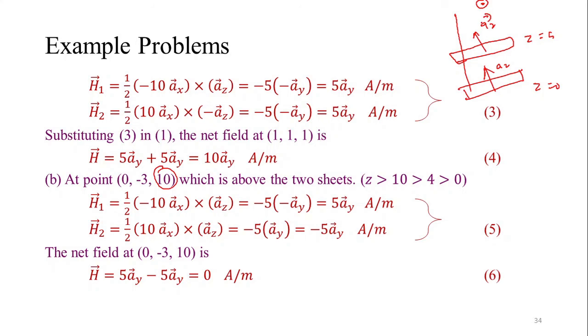Both are in the positive direction, so just substitute those values. Minus 5 into minus 5, minus a_y, gives 5 a_y, and here you will have minus 5 a_y, so they cancel each other. You get the H vector at a point outside the surfaces as 0 amperes per meter. If the point is at z equal to minus 10, both will be in the opposite direction, and you will again have 0.